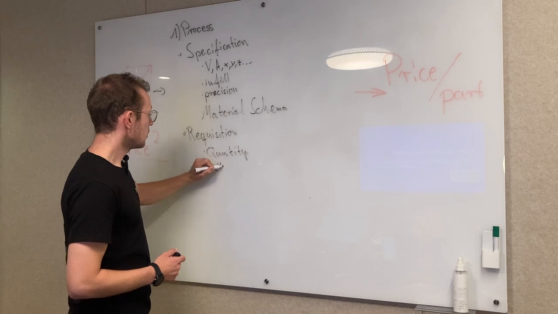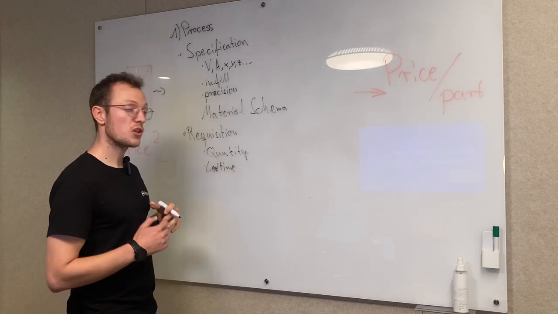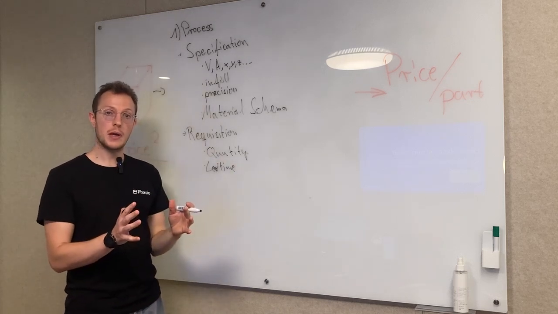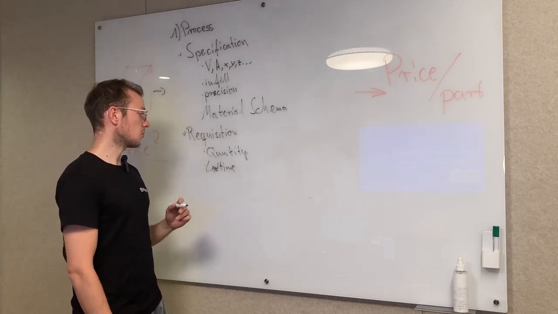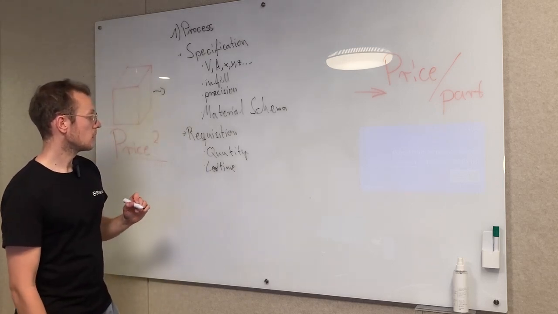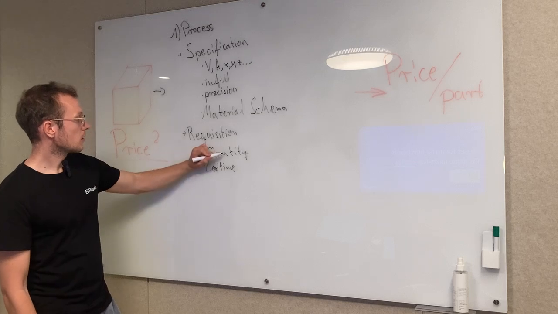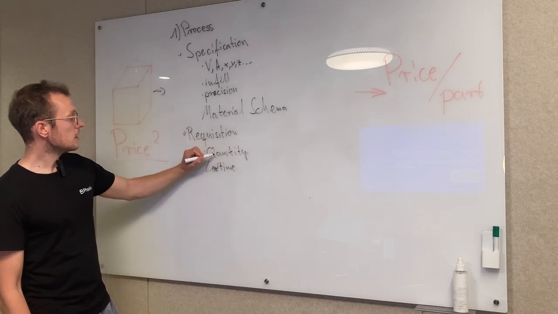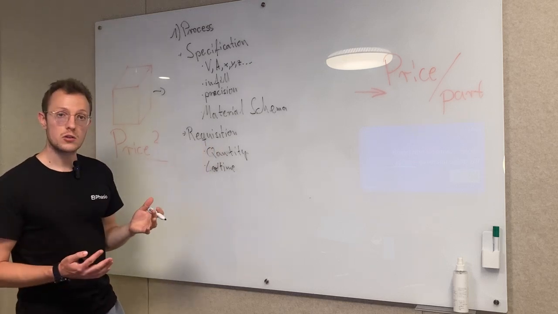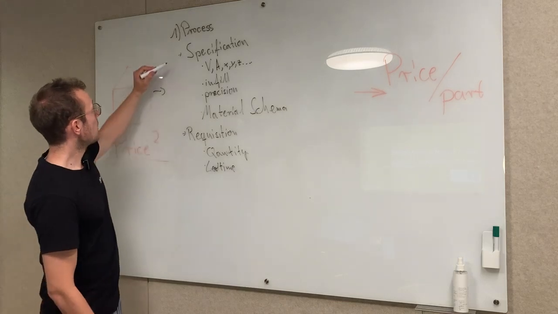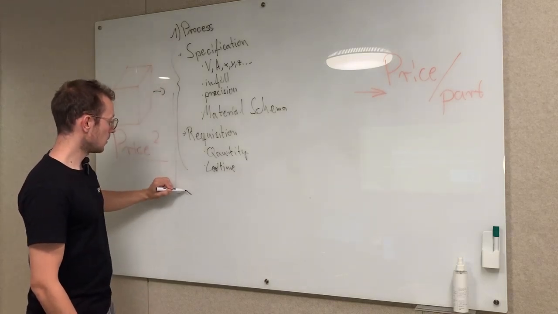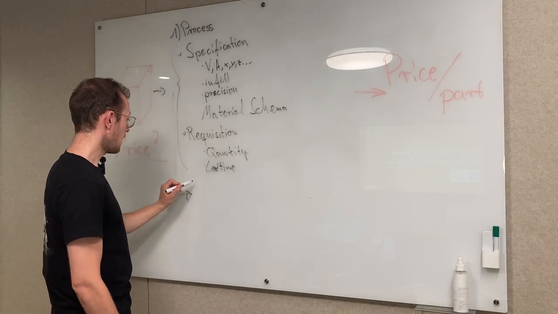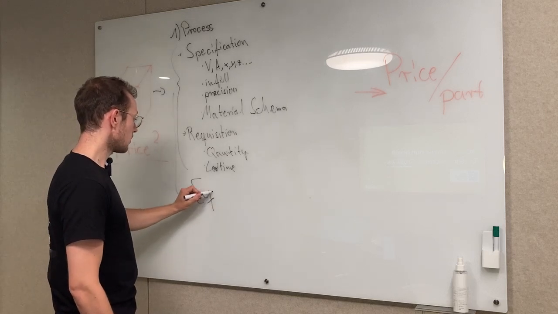In the specification, it's about how should the part be made, and the requisition from request is about how many times do we want to make this. And in the lead time, it's also when do we want to make this. So based on all of this information, you can build the most important thing, and that is an equation.